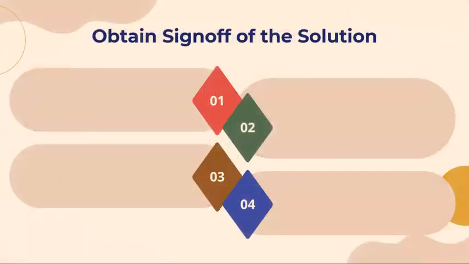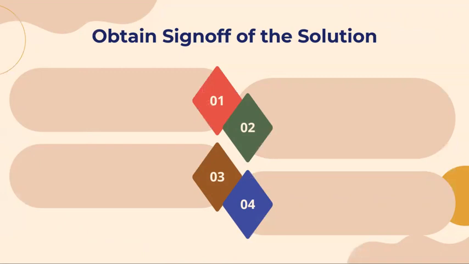And of course, we obtain sign-off of the solution. The formality of sign-off depends upon the type of project, the type of product, the project life cycle, and corporate and regulatory constraints. So it depends on the organization whether there would be a formal sign-off. Sometimes it's just signatures, and they just look for the top management, with no formal sign-off.